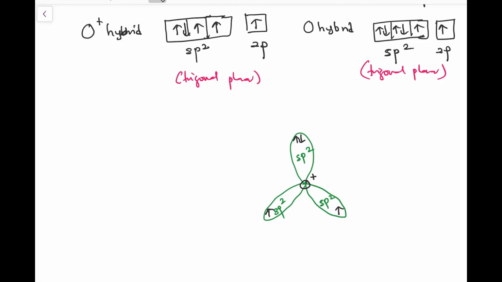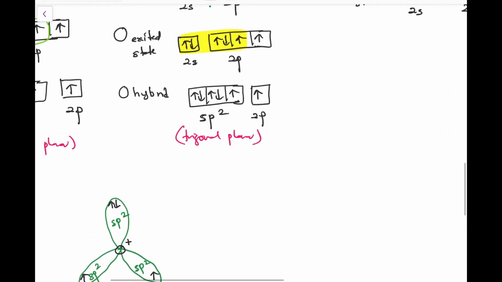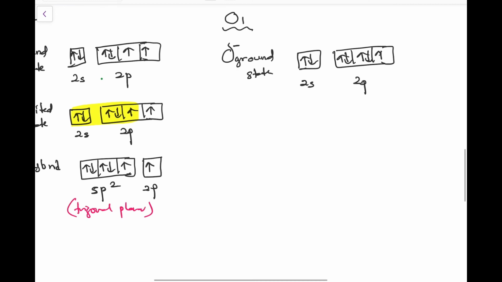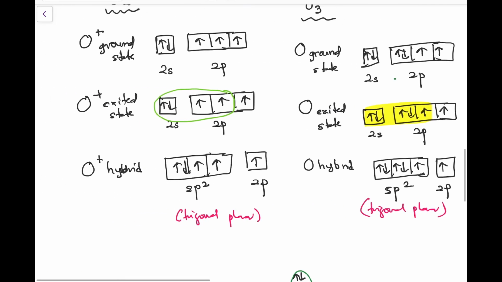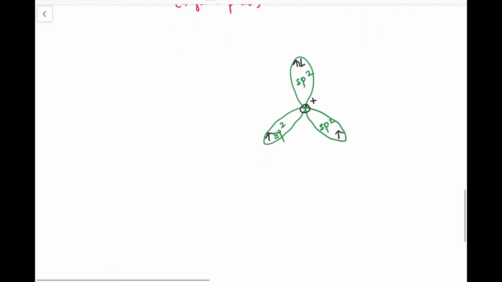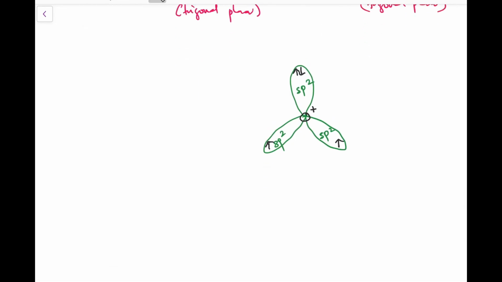It will undergo overlapping with oxygen number 1. Oxygen number 1 only has 1 available orbital for overlapping, which is the 2p orbital. So I can draw here this 2p orbital. It represents O negative, another 1 electron, sigma.